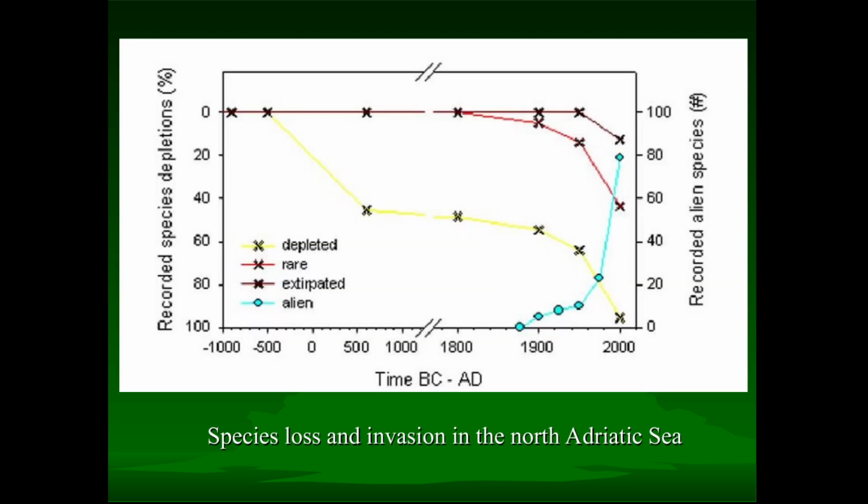In terms of conservation locally, here's a summary graph showing the number of species in the Adriatic, the North Adriatic Sea, that have become depleted over time, which has become pretty much all the species, alien species increasing, and rare species increasing, and number of extirpations also going up.